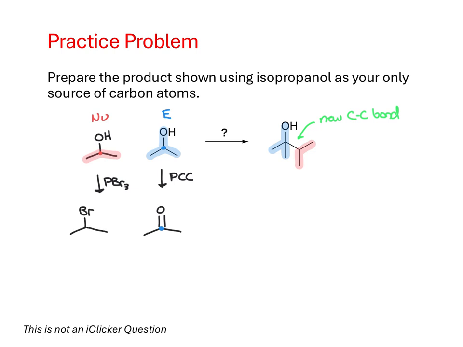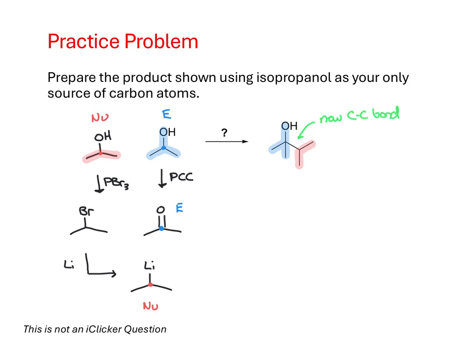And right now, this carbon is still electrophilic, so those two wouldn't react. But then, let's just add lithium. We'll form the organolithium compound. Now, this carbon is nucleophilic. So we have our nucleophile, we have our electrophile. We can do the reaction.